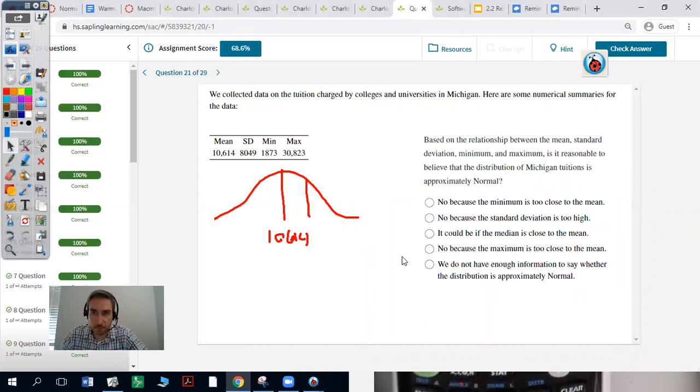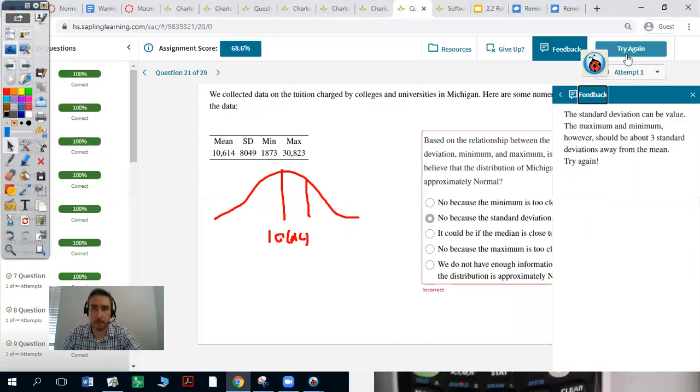Now, at the minimum, I would say the standard deviation is way too big. You know, it's just counting out. The data is too condensed in there. So that's going to be my answer.